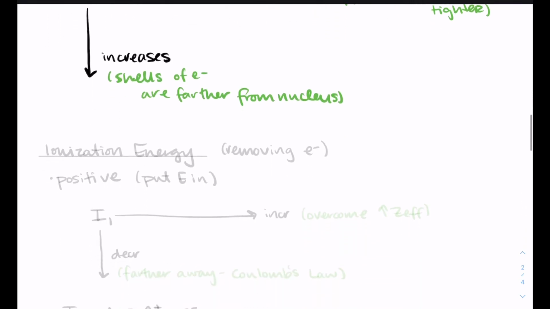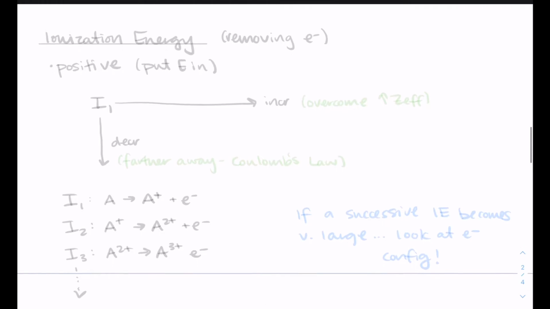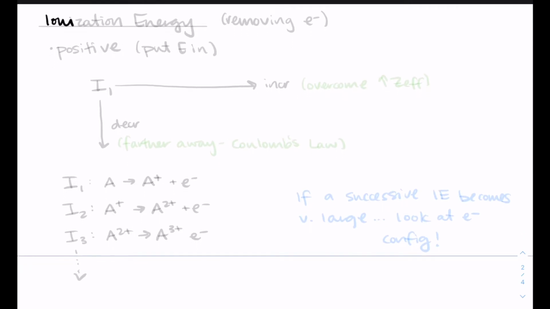Another trend that will be important is ionization energy. This is removing electrons. These values will be positive because you have to put energy in to take away an electron. Even right when it wants to give up electrons, you still have to overcome the attractive force that exists.